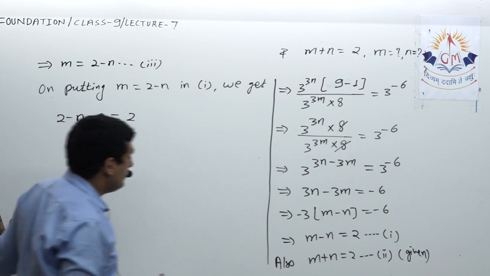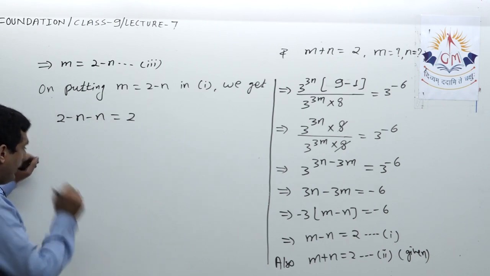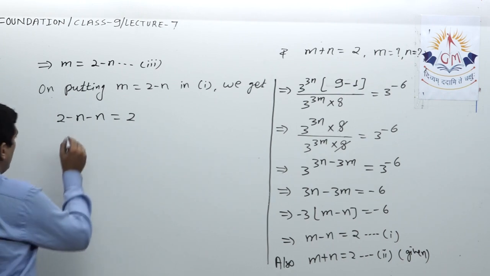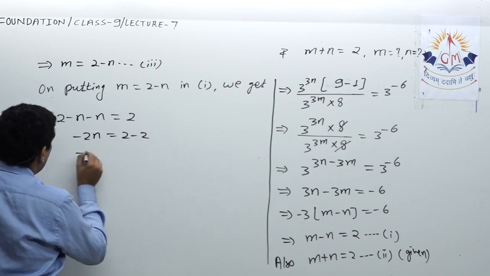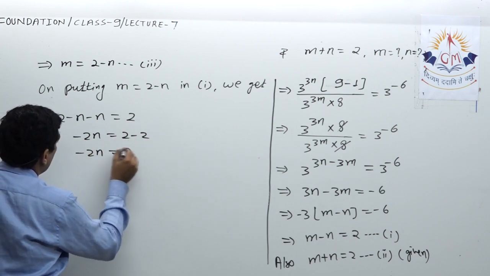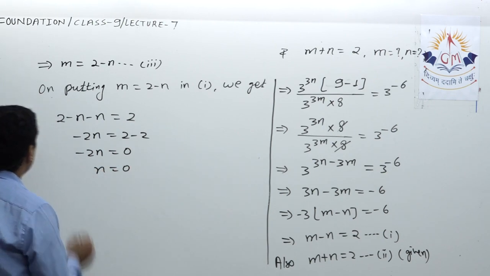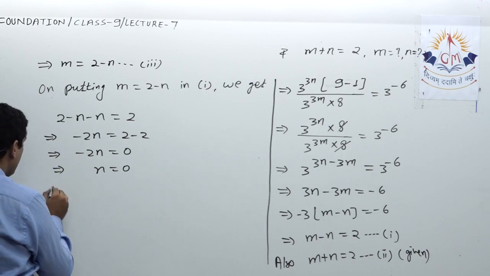So here 2 minus 2n is equal to 2, minus 2n is equal to 0, n is equal to 0. Okay, so here I got n is equal to 0, the value of n is 0.